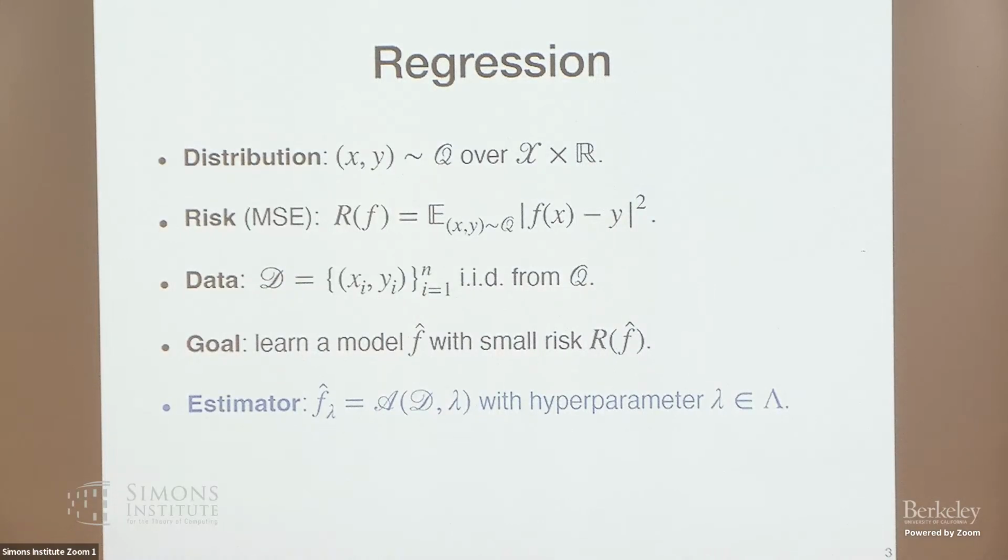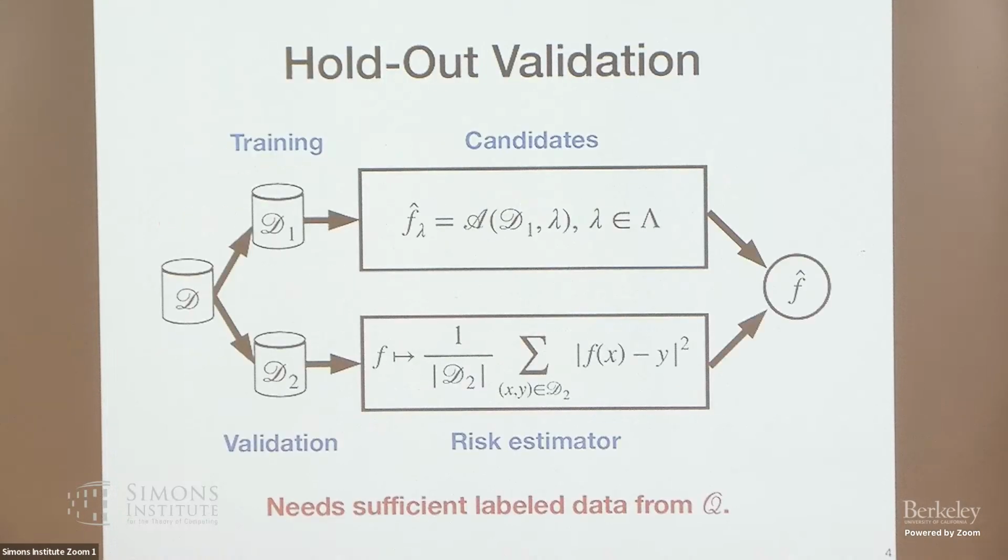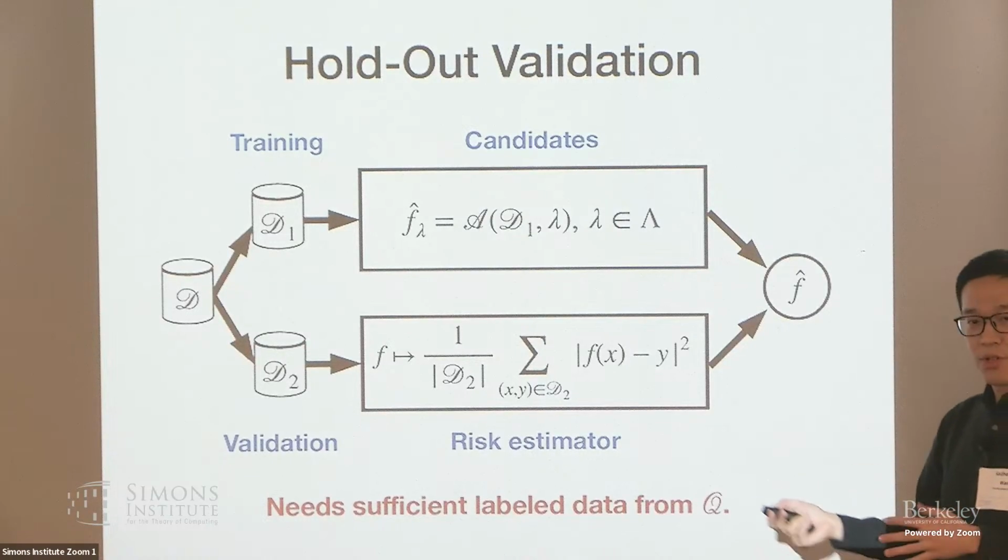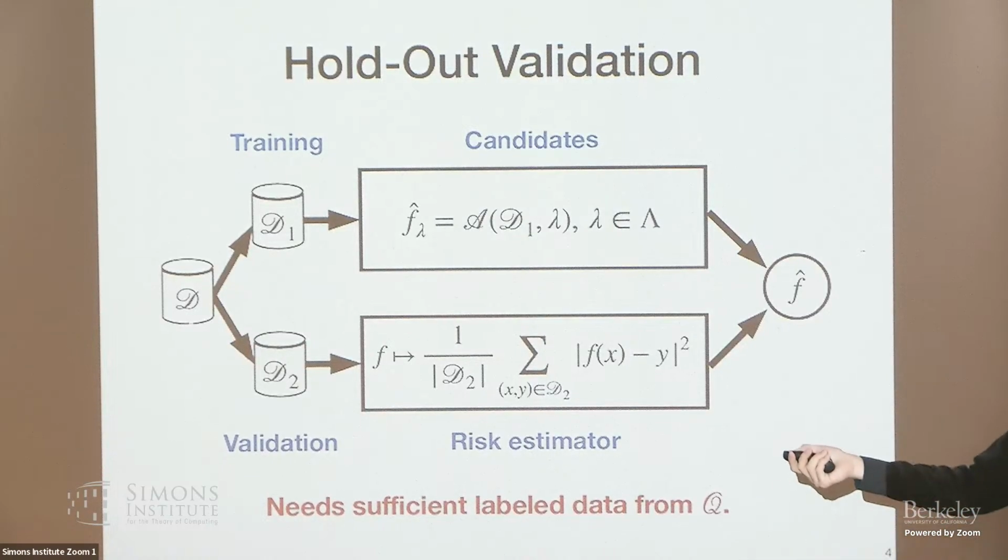And usually the performance of your final model crucially depends on your choice of hyperparameter. So in practice, how would we do that? Well, the most commonly used approach is the holdout validation paradigm. I have my labeled data, but I don't use all of them for training. Instead, I start with a data split into a training set and a validation set.